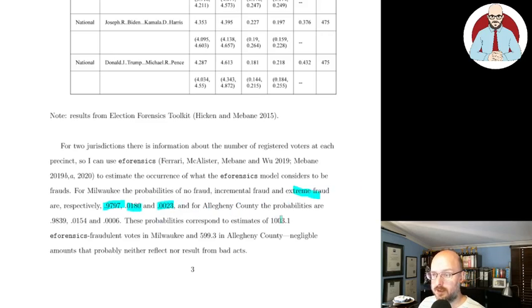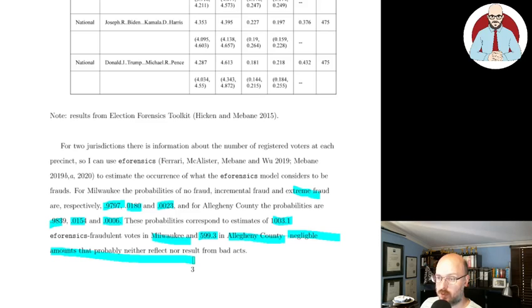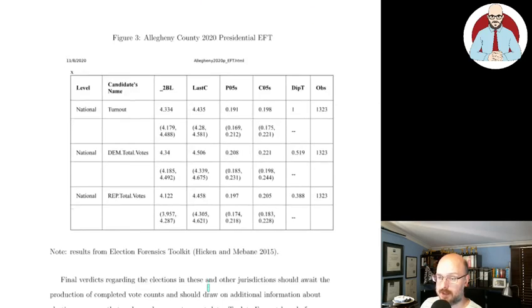For Allegan County, the probabilities are 0.98, 0.0154, and 0.0006. These probabilities correspond to estimates of 1,003.1 eForensic fraudulent votes in Milwaukee and 599 in Allegan County. Negligible amounts that probably neither reflect nor result from bad acts.